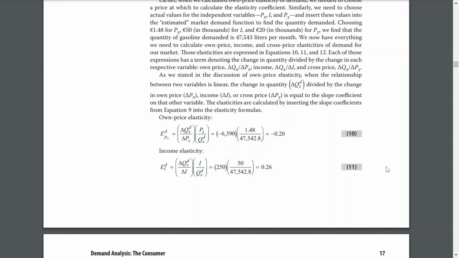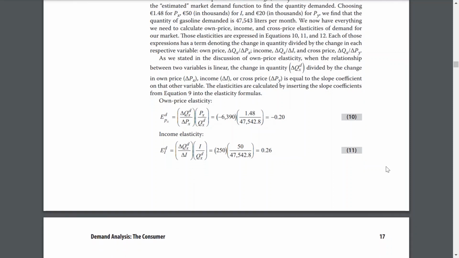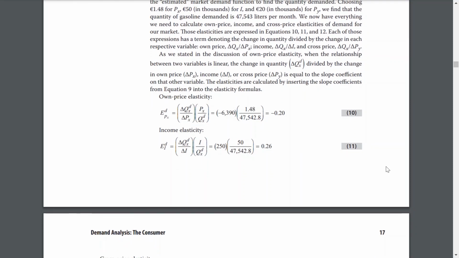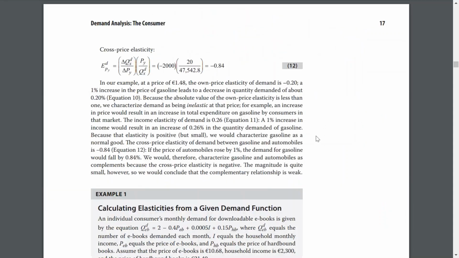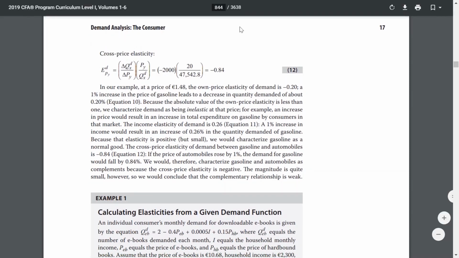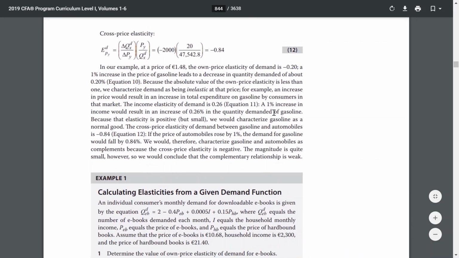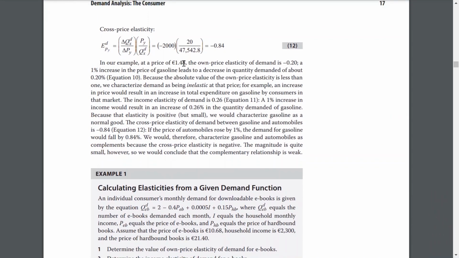The elasticities are calculated by inserting the slope coefficients from equation 9 into the elasticity formulas. Own price elasticity, we just plug it in. Income elasticity, we just plug it in. So here's the cross-price elasticity. We literally just plug it in, multiply it, divide it, and we get that.